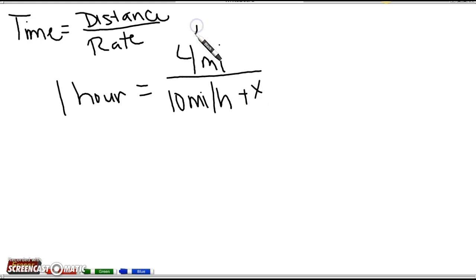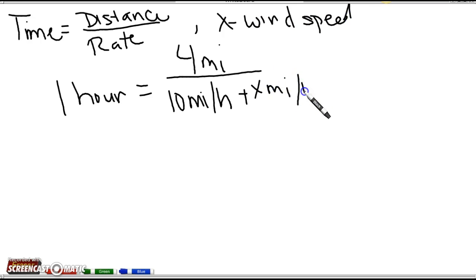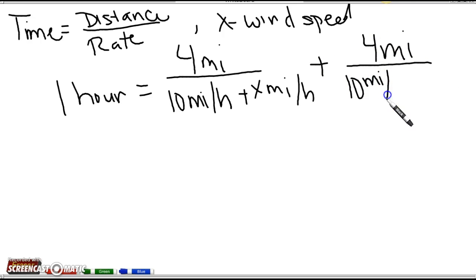It's that x is wind speed, so it's x miles per hour. Plus the distance coming back is 4 miles, and we have 10 miles per hour minus x miles per hour. So our least common denominator, I'm sure you can guess, is 10 plus x and 10 minus x.